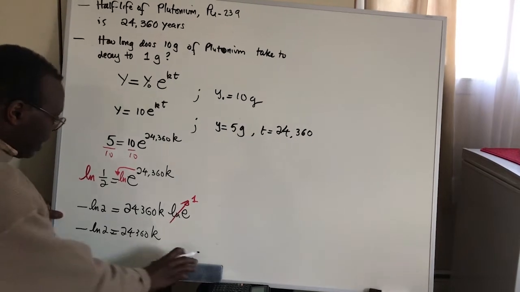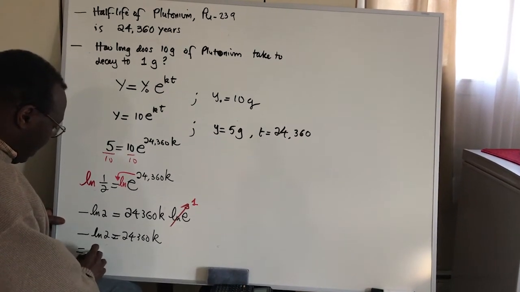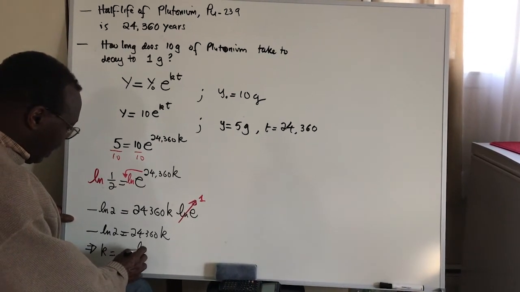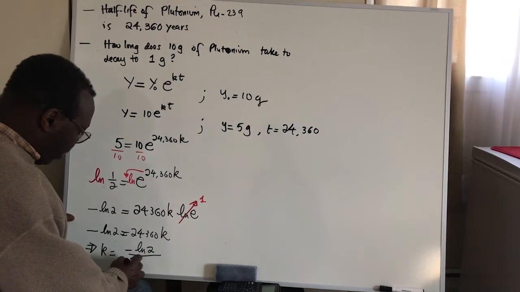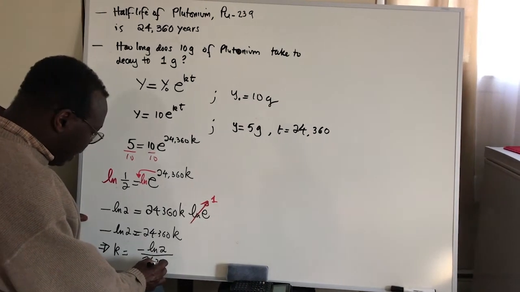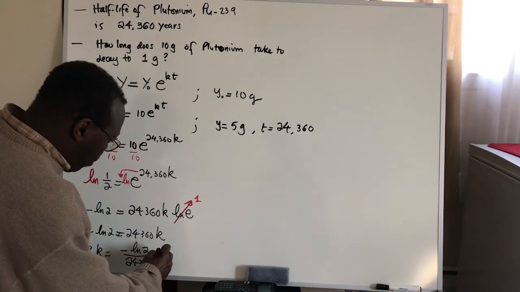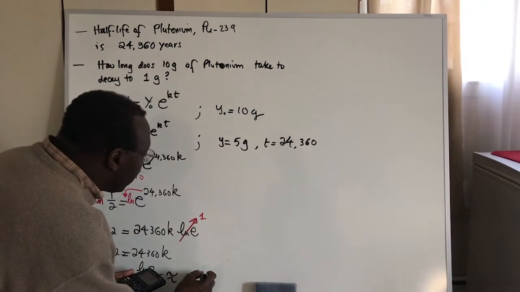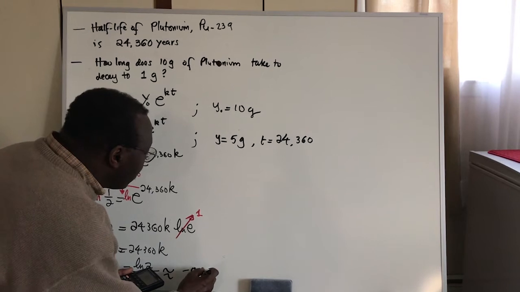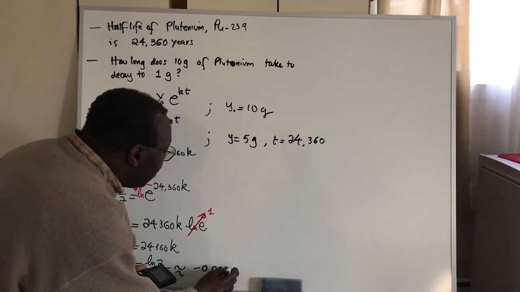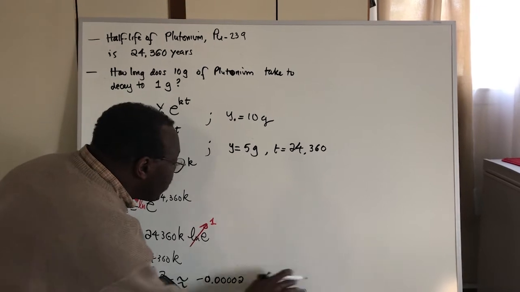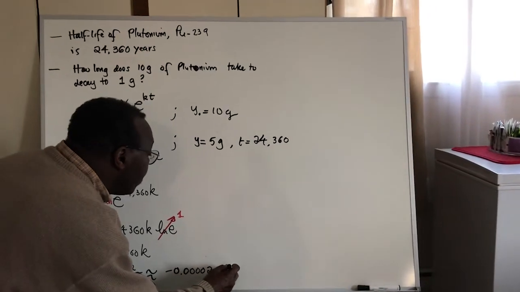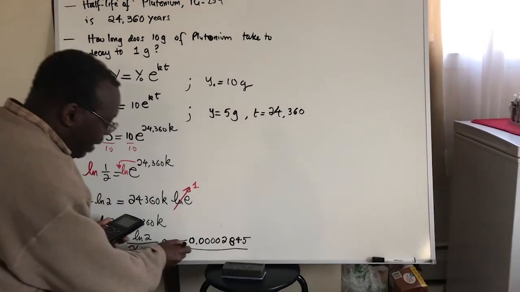So this implies that k is equal to negative ln 2 over 24,360, and this is approximately equal to negative 0.0002845, and that would be enough right there.